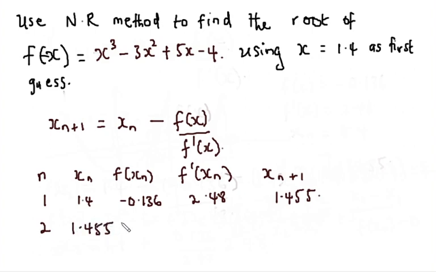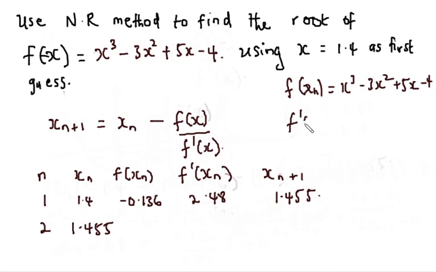And then this will be 1.455. So if you use your calculator, remember f of xn is equal to x cubed minus 3x squared plus 5x minus 4. And then f prime of xn is equal to 3x squared minus 6x plus 5. So if you use your calculator here with these values, your next value of f of xn should be 4 times 0.2 times 10 raised to the power minus 3.